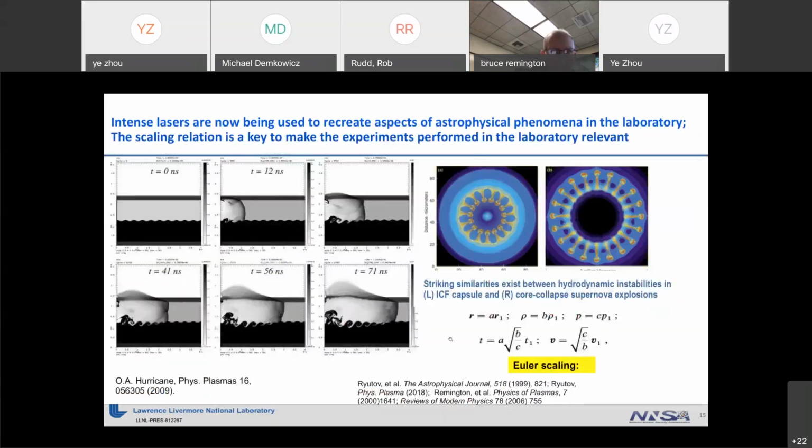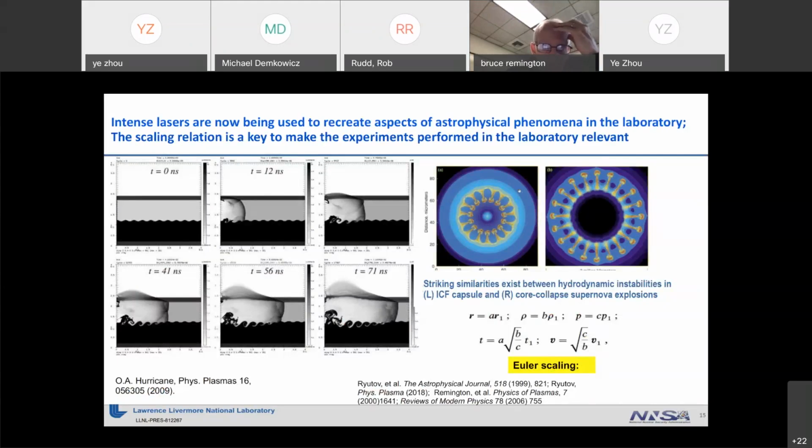So here is one example of how this comes about. On the extreme right, this is the image from a simulation of core collapse supernova explosions. Again, you can see this beautiful mushroom-type shape coming out with the instabilities.